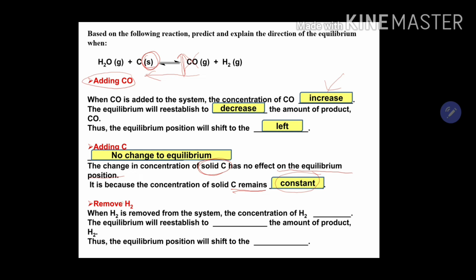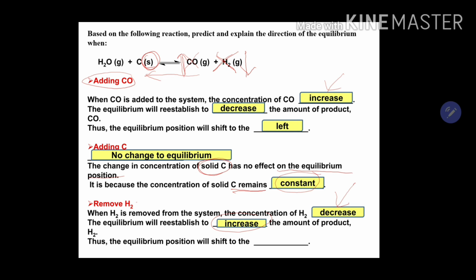Okay. Next, when we remove H2. We remove H2. H2 is the product on the right hand side. So we remove H2, so of course the concentration of H2 will be decreased. So the equilibrium will re-establish to increase the amount of product H2, because just now you decreased H2.